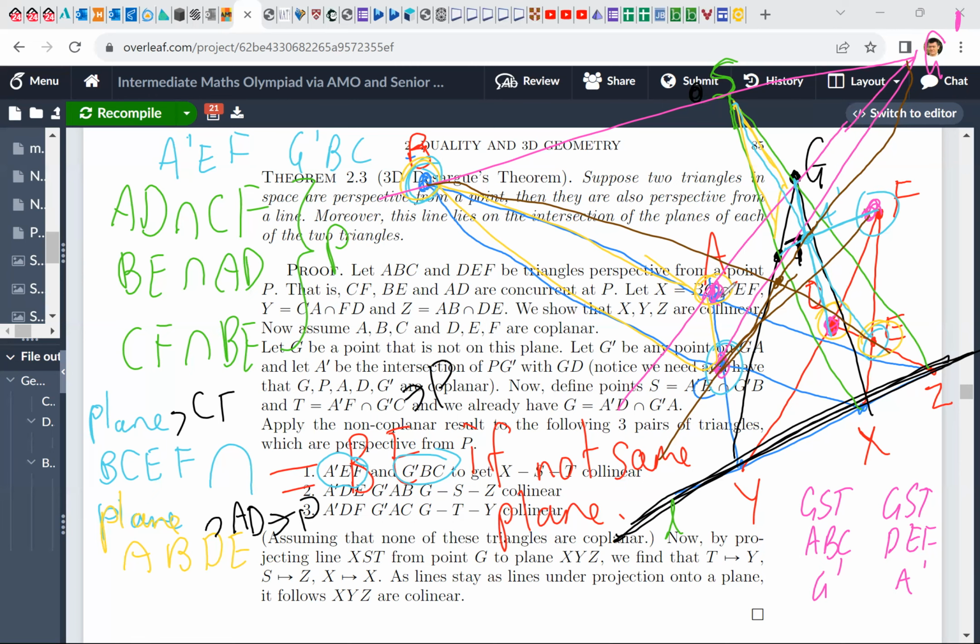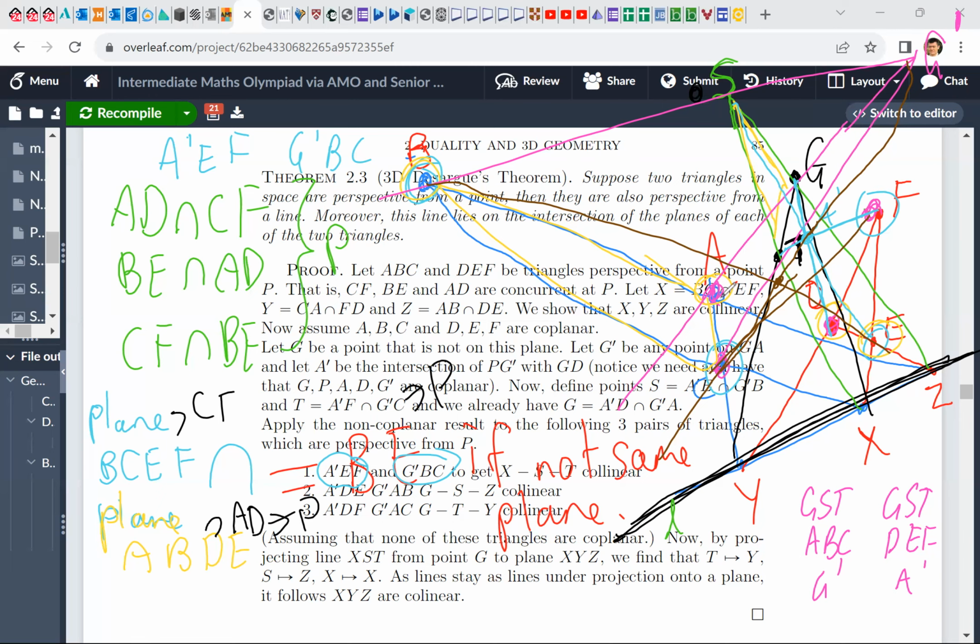Now this is a bit weirder, because we have a triangle called GST, and we have to deal with its perspective with ABC about the line XYZ, which we call L. If you're going to do ABC, you might as well do DEF, so it's also perspective with DEF, somewhat by design.